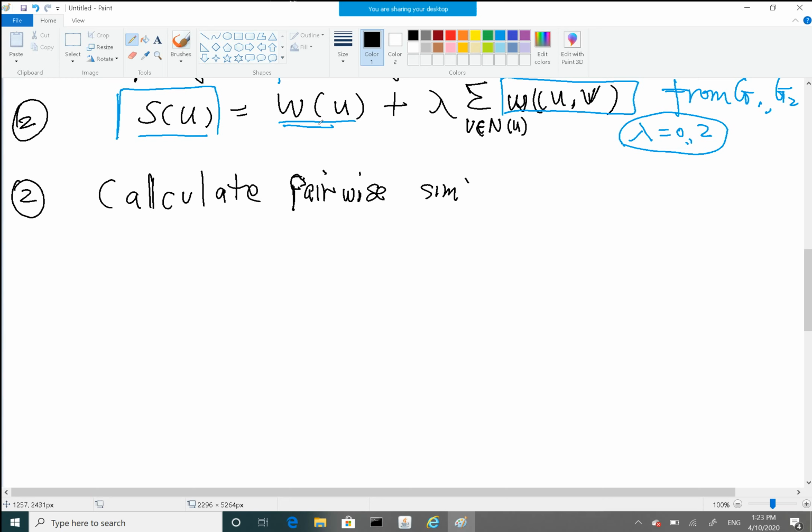This corresponds to comparing graphs, and here we only consider node-to-node similarity. So this corresponds to comparing two graphs.